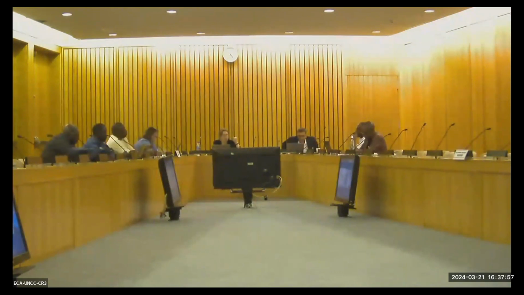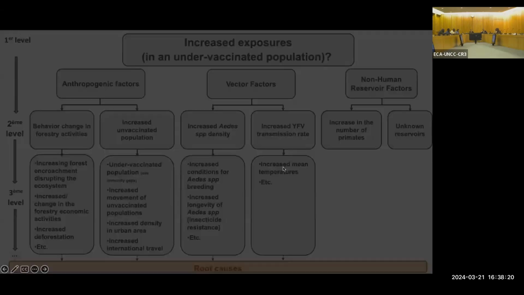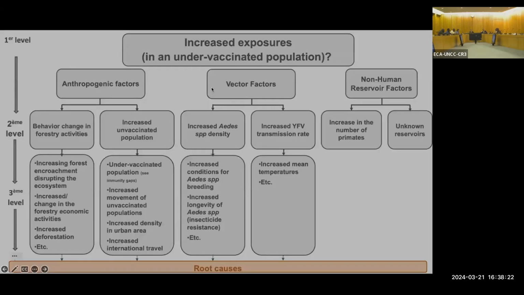Maybe you can just show that slide with the three branches, and I will make a few general comments on this particular aspect of the root cause analysis, the exposure one. And then I will open the floor for comments.